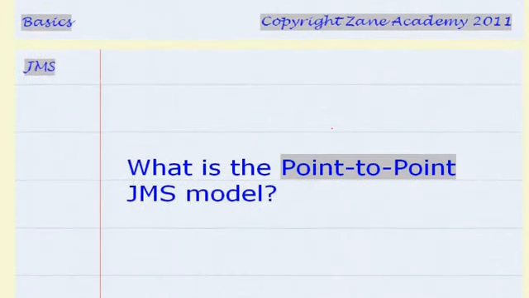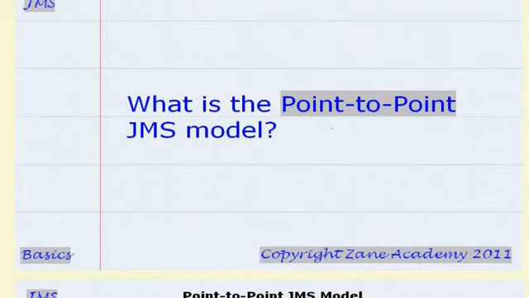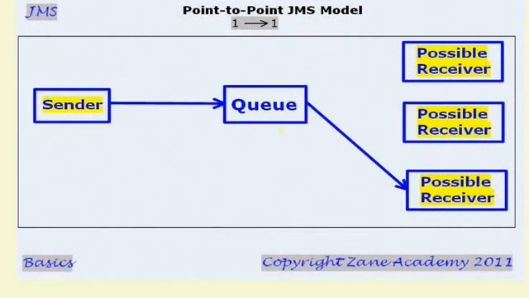It's a one-to-many model. The second model we mentioned is the point-to-point JMS model. What is the point-to-point JMS model? We have a sender that is sending messages to a queue. We can have many possible receivers, but that message is only going to be picked up by one of those receivers.